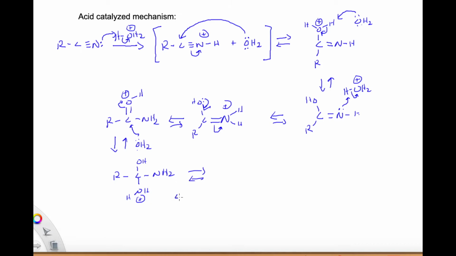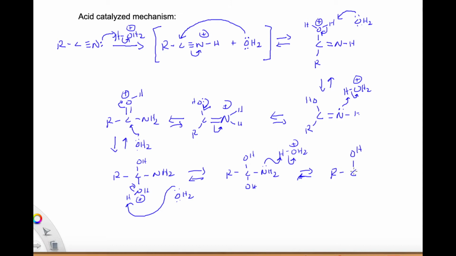Let's reform our acid. And now those electrons can come in and grab this. And basically what we've done at this point is we've converted the nitrogen now into a leaving group. Again, notice no negative charges.